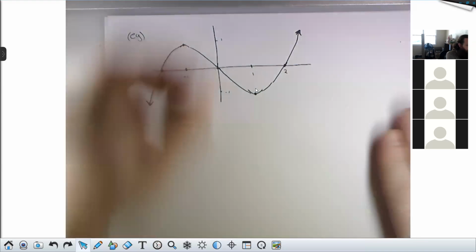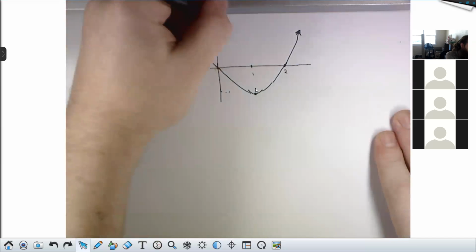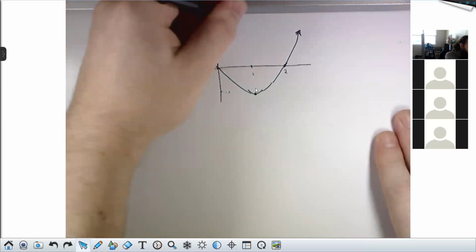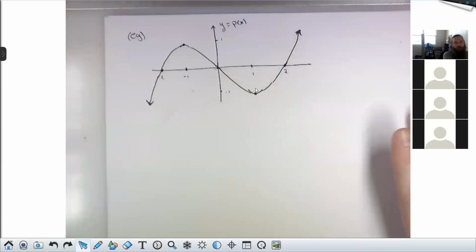So here's a graph, and then I'll call this y equals p of x. Why not? Just to get used to this new notation.